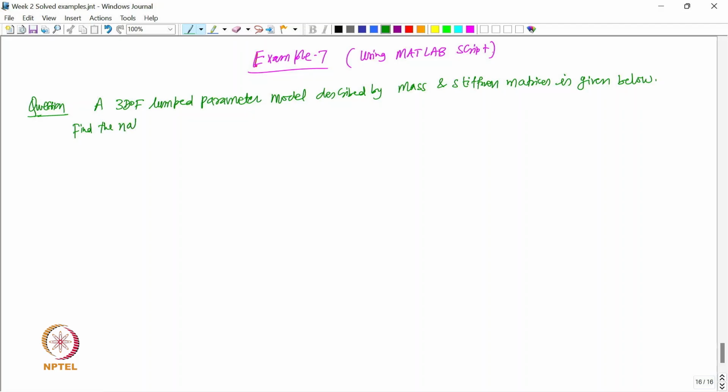Find natural frequencies and mode shapes of the system using a MATLAB script.